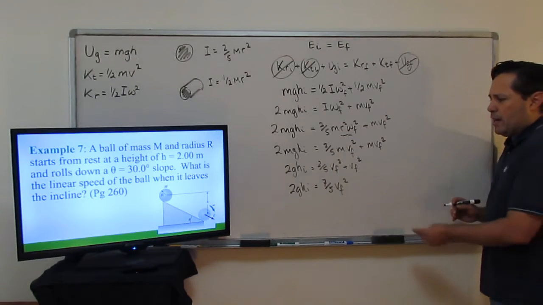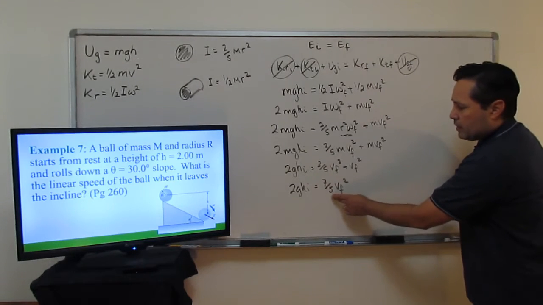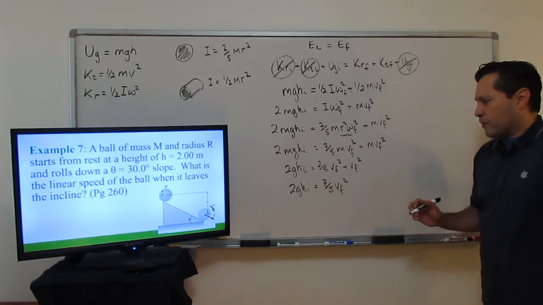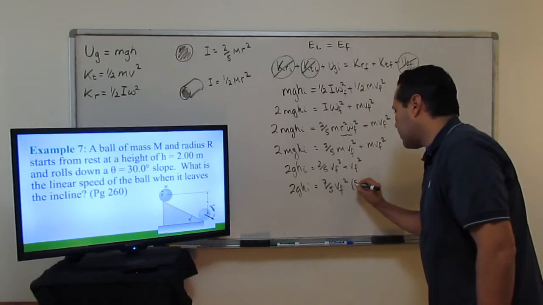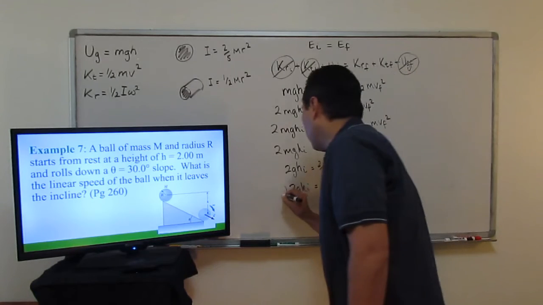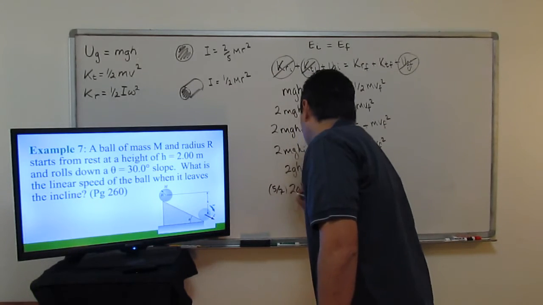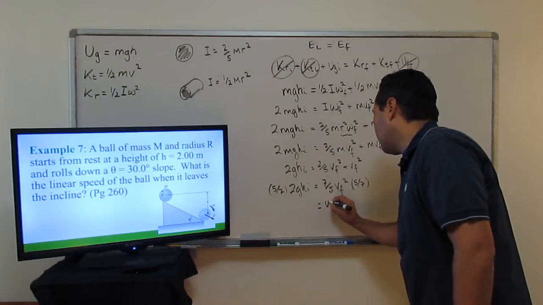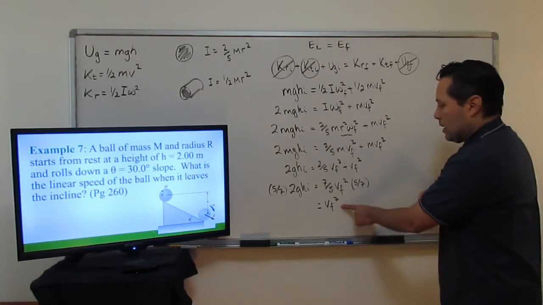Alright, now I want to go ahead and isolate that VF, so I want to get rid of the 7/5. So I'm going to multiply by 5/7 on both sides. So that way, see, they'll cancel each other out, since it's the inverse. And on this side, we're going to get 5/7. These guys cancel out, so we get velocity final squared. Finally isolated.